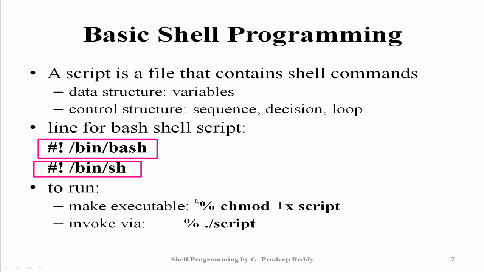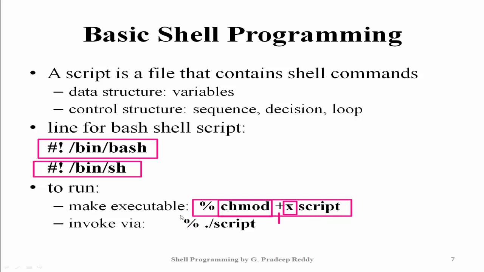You modify the permission by using the chmod command. By typing chmod, you modify the permission of a specific user, and you add an executable permission for that specified script.